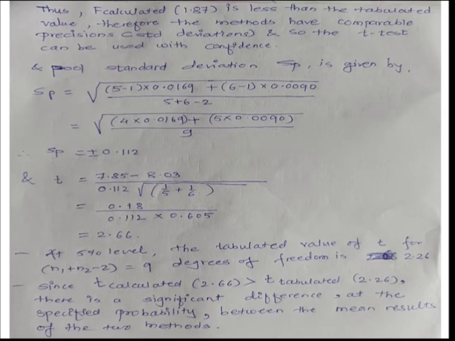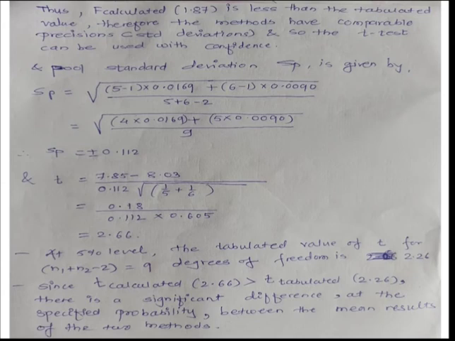Here, the pooled standard deviation can be calculated, as we know the equation of pooled standard deviation as n1 minus 1 into S1 square plus n2 minus 1 into S2 square divided by n1 plus n2 minus 2. Just put values: 5 minus 1 into 0.0169 plus 6 minus 1 into 0.0090 divided by 5 plus 6 minus 2.